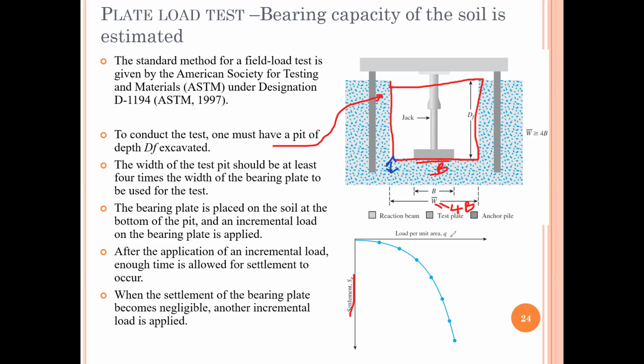Based on the stress or load per unit area, for each load we will be getting the settlement and we plot the graph. Load per unit area is actually the pressure.